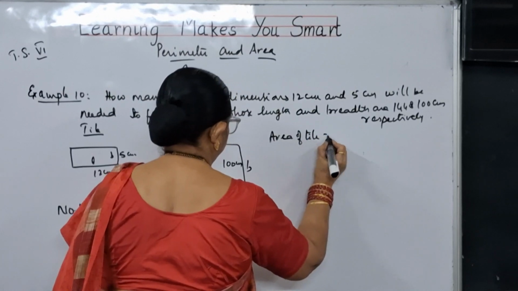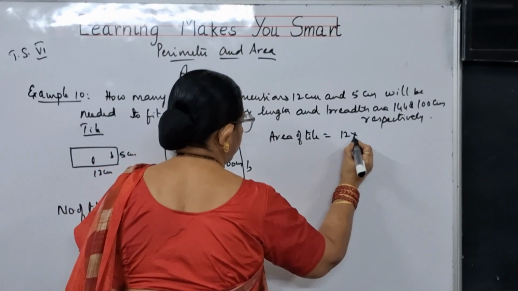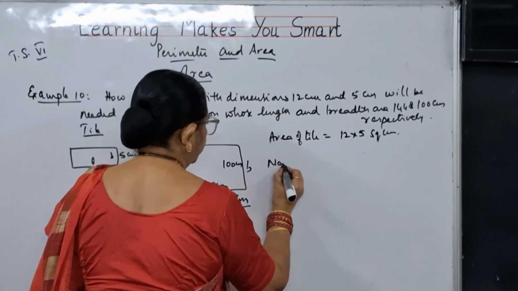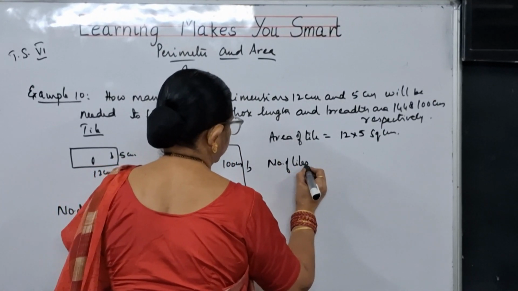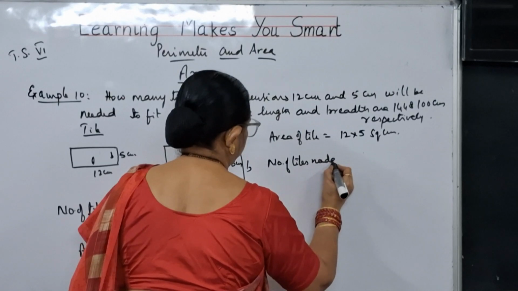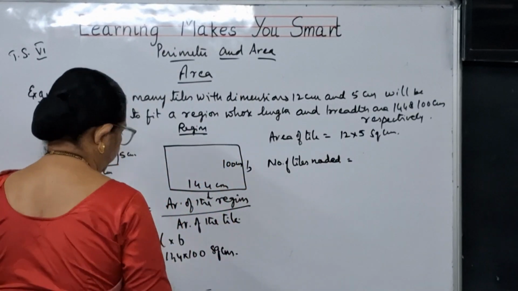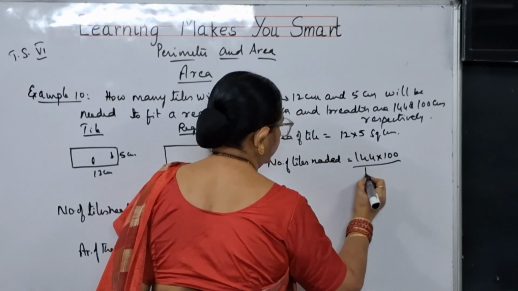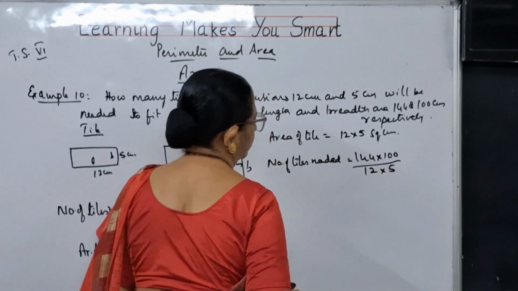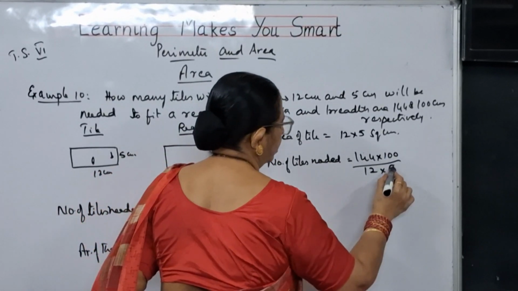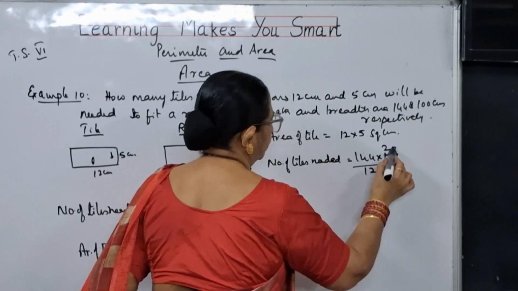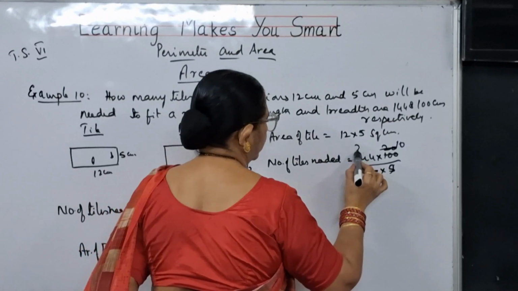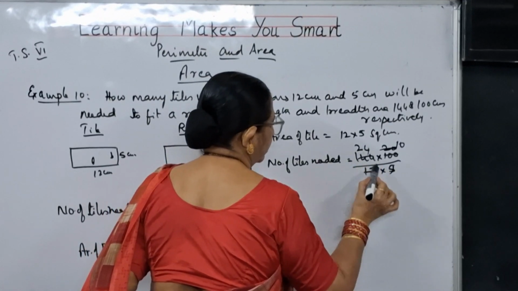Area of tile is equal to 12 into 5 square centimeters. So number of tiles needed is equal to 144 into 100 by 12 into 5. Now 5 2s are 10, 2 6s are 12, 6 4s are 24.